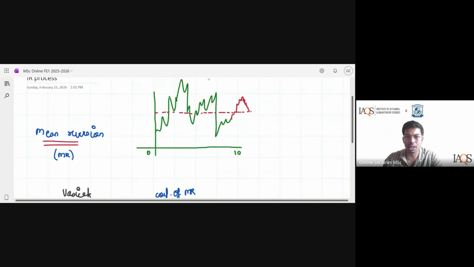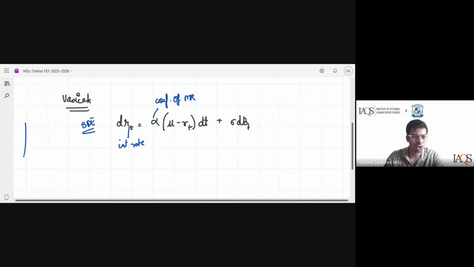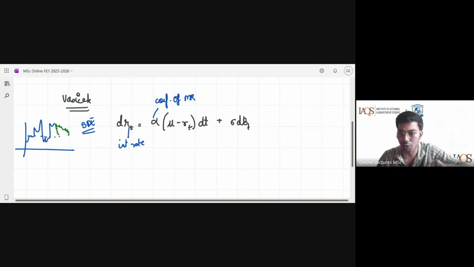For example, let's say this is the mean reversion level, and interest rates currently are over here. Alpha is going to control whether interest rates in the next 1 week will come over here or it's going to take the next 3 months to come over here. How fast the interest rate comes back to my mean reversion level is what alpha controls.